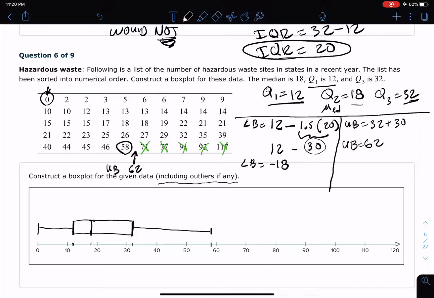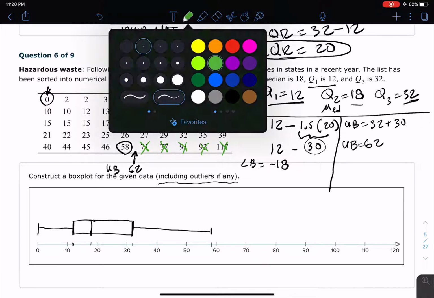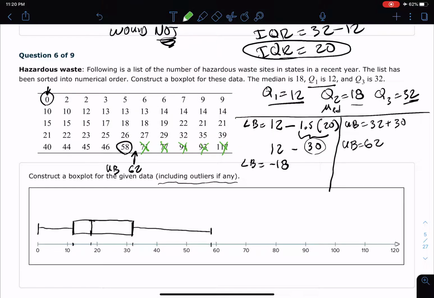And now we want to show the outliers that we crossed out. Okay, so now we cross out our outliers. We have 71 that we crossed out. So let's show that right there as a cross out. That's approximately 71. 77, which is about there, crossed out.